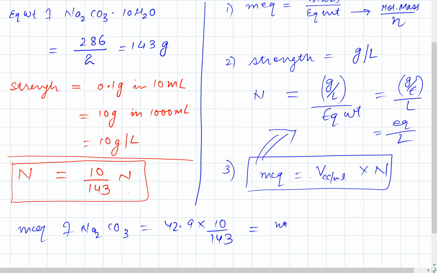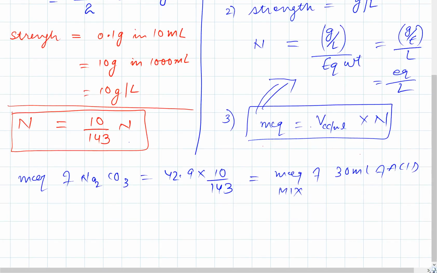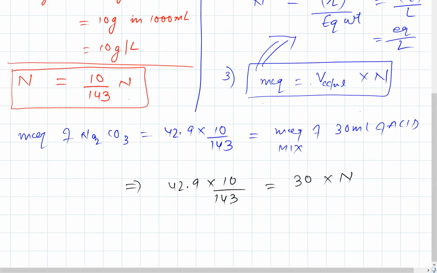And this must be equal to the milli equivalents of 30 ml of acid mixture, because this acid mixture exactly neutralizes it. So 42.9 into 10 upon 143 must be equal to 30 milliliter into the normality of the acid mixture. Look closely, this and this will get divided by 3. So the normality of the acid mixture is 0.1 normal.